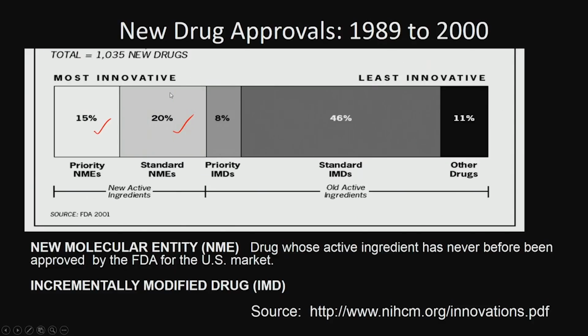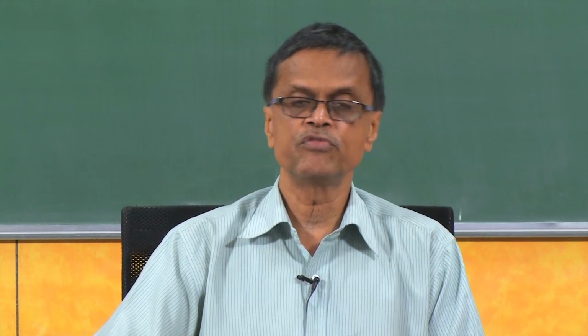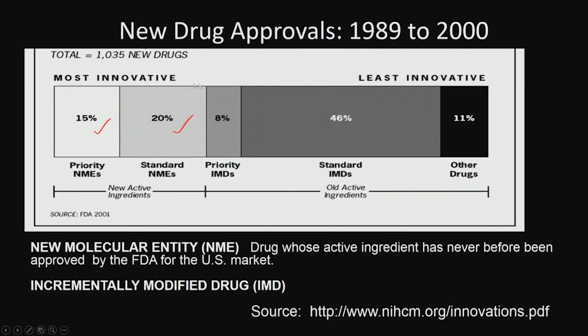Then we have about 6% that is called IMD, that is incremental modified drug. Already a drug has been approved, you make certain changes, maybe you convert it from a liquid form to solid form or change the crystallization procedure and so on, okay. So, that is called incremental.